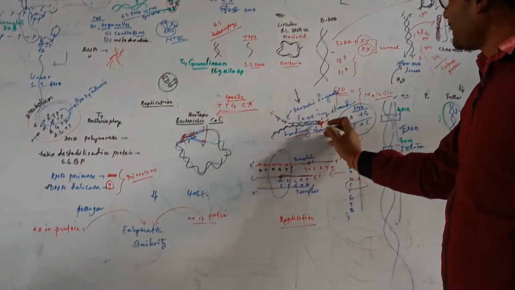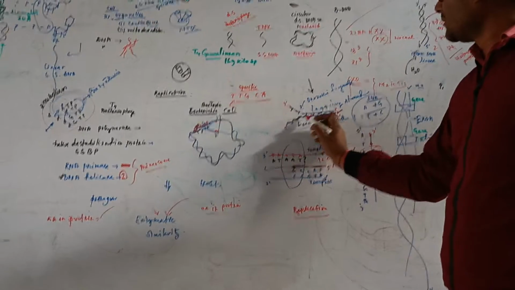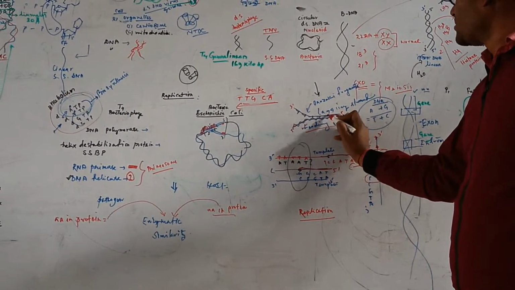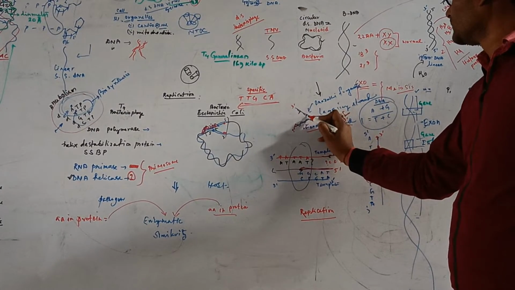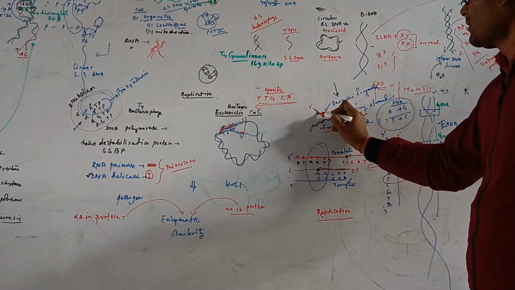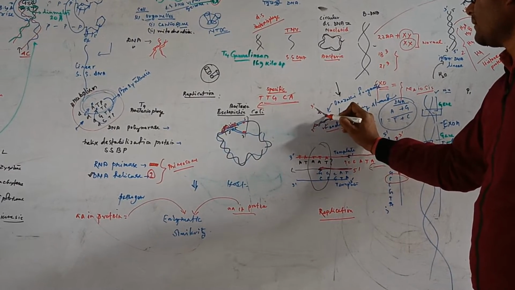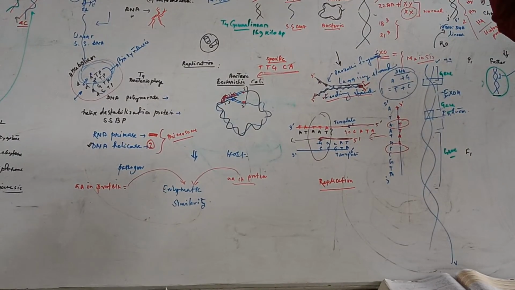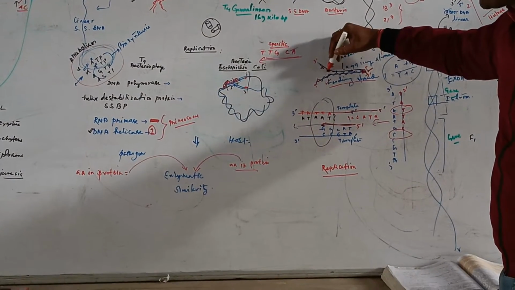From the RNA primer, our strand is continuously synthesized, which is called the leading strand. Another strand is synthesized with small primers, along the strand in the 5 prime to 3 prime direction, away from the fork.